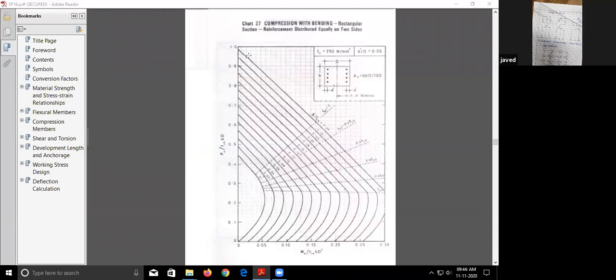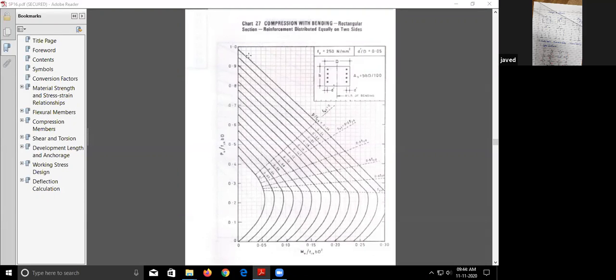So 3 steps are done. Then fourth step, calculate Asc. Once pt is found, you can find out the area of steel in compression. So calculate Asc and provide the number of bars.